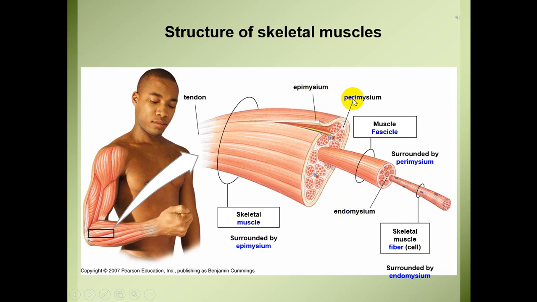Epimysium, perimysium, and endomysium conduct the branches of the neuromuscular bundle from the outer surface towards the individual muscle fibers, and at the level of endomysium we can see the capillaries which are supplying individual muscle fibers.